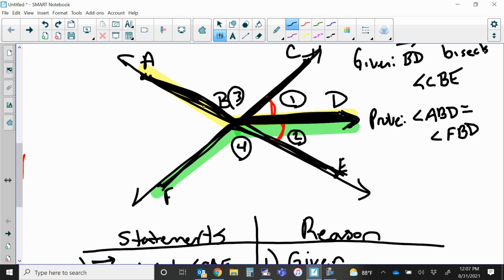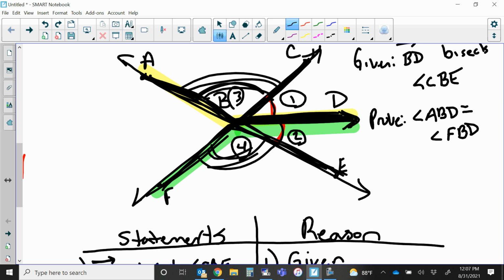Because then, if this is the same as this one, isn't a 2 arc plus a 1 arc equal to a 2 arc plus a 1 arc? Are you following me on my logic here? You get where we're going with this?